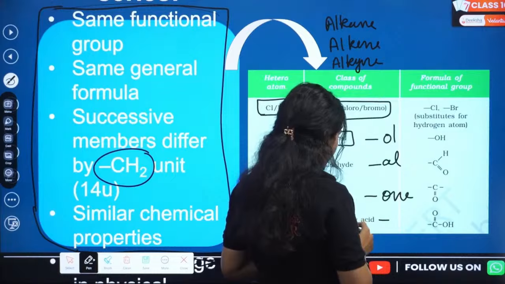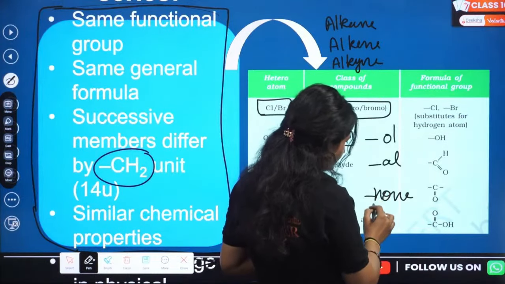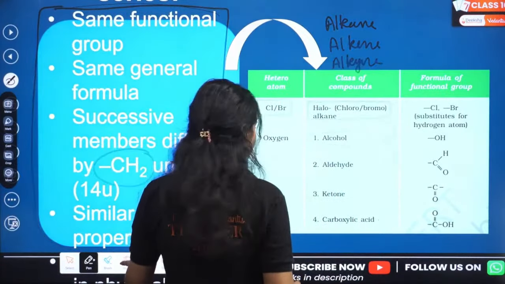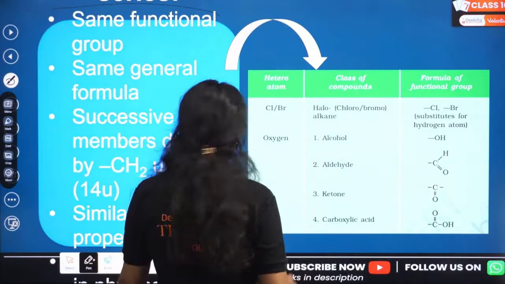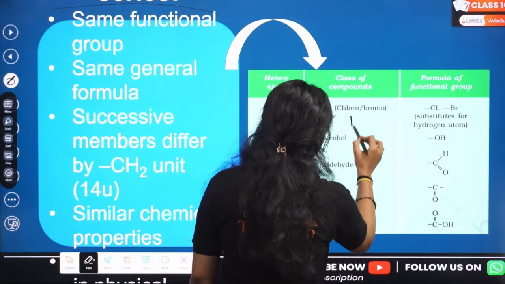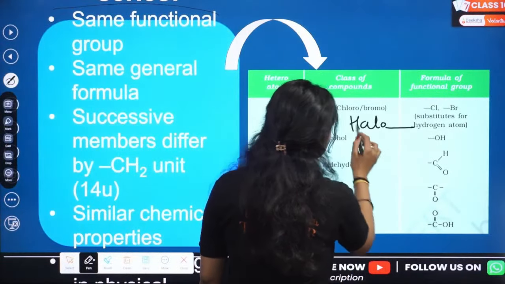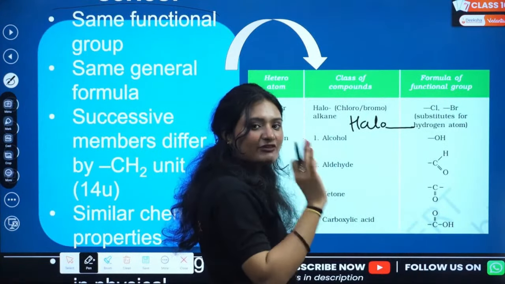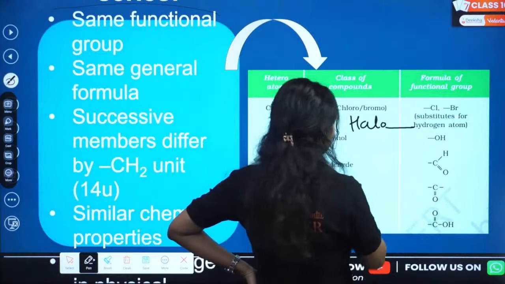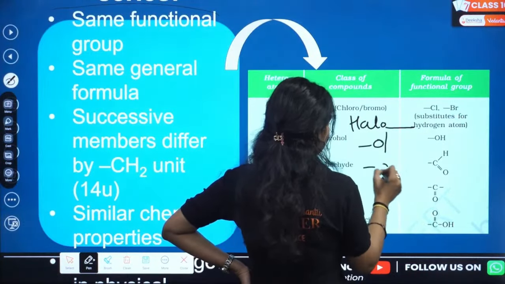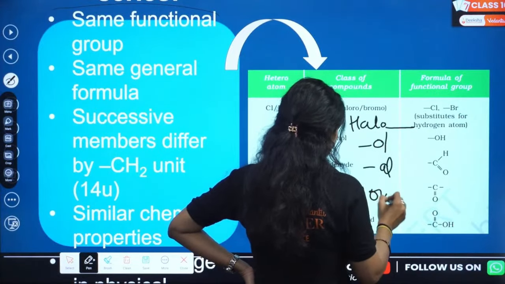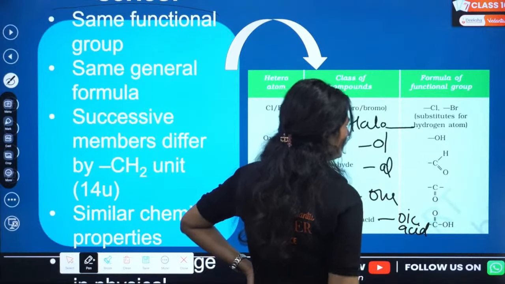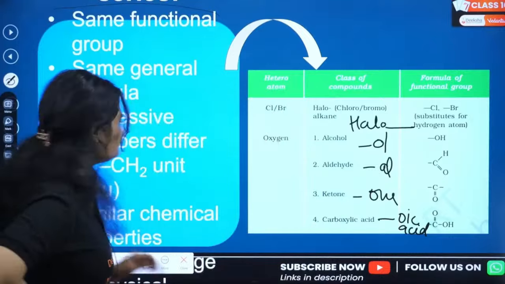Halo is used as a prefix. Prefix means added at the front of the name. So alcohol, 'ol'; aldehyde, 'al'; ketone, 'one'; carboxylic acid as 'oic acid', my dear kids. Clear?